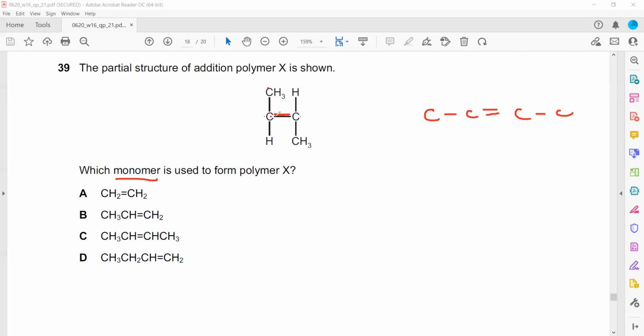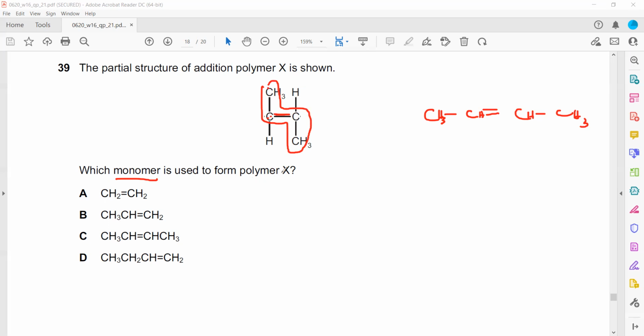So the first carbon has 3 hydrogens, the second carbon has only 1 hydrogen, the third carbon has 1 hydrogen, and the fourth carbon has 3 hydrogens. So this will be the monomer, the molecule which joined to form this long chain compound.